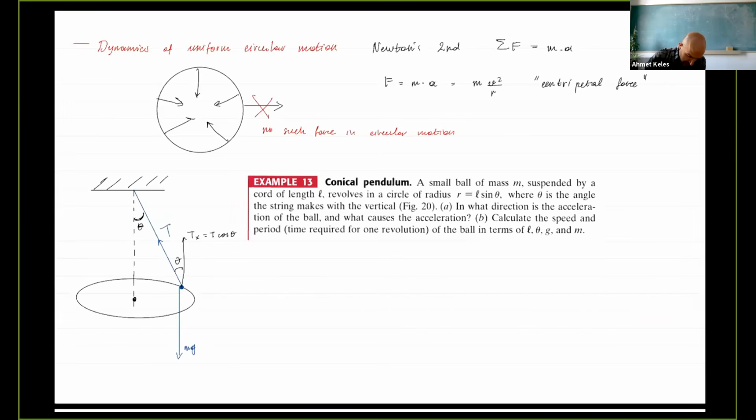If that's the center of the circle, the other component of T is towards the center of the circle, and that is equal to T sine theta.